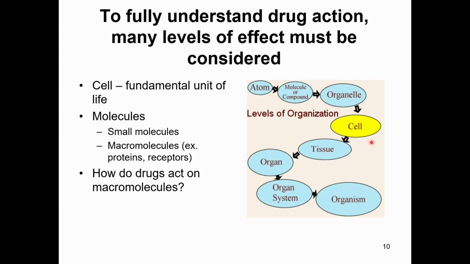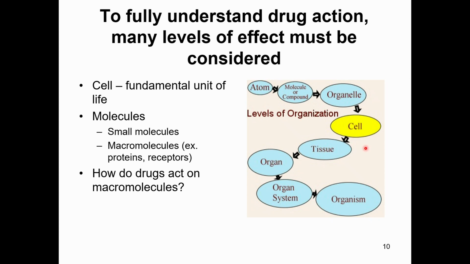So to fully understand a drug action, we really have to consider many levels. And it has to do with essentially biology. We have to consider all of the levels that go on in the drug-organism interaction. What is the molecular structure of the drug or compound? How does it interact with its target? And then how does it affect organelles within the cell itself?